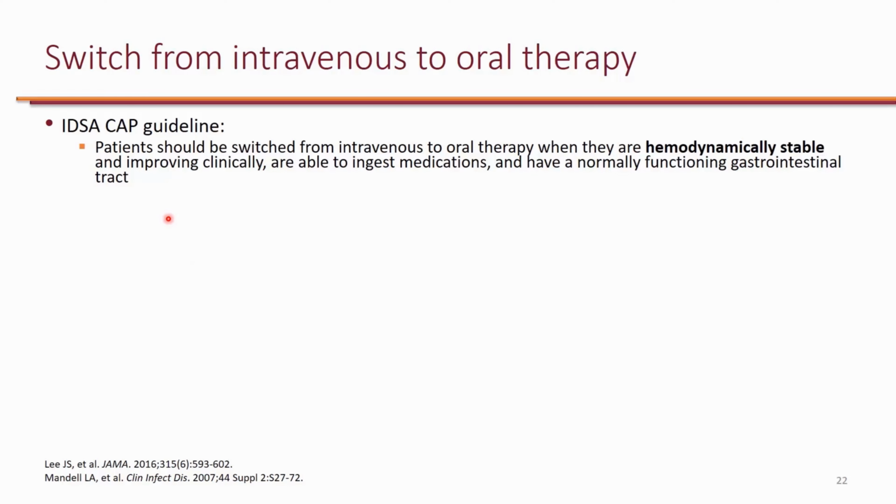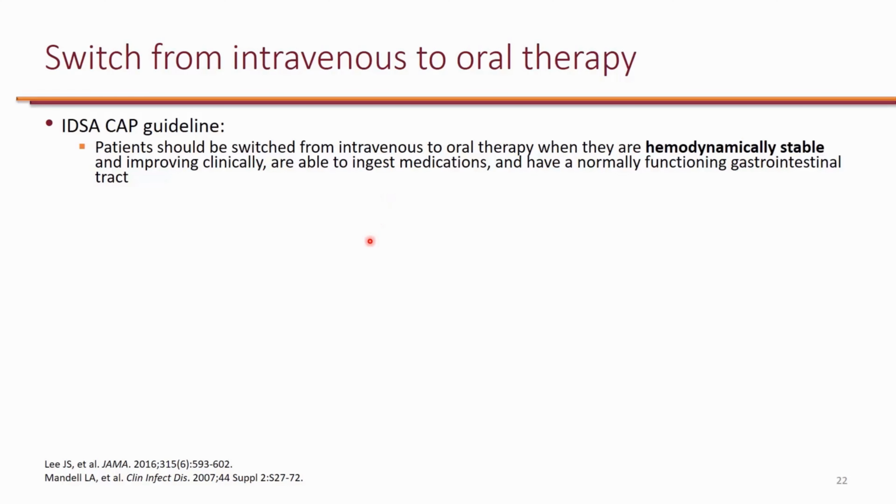So based on IDSA, patients who are hemodynamically stable and clinically improving can be switched from IV to PO as long as they are able to tolerate oral therapy. Another thing to consider is to make sure that the GI tract is also functional.